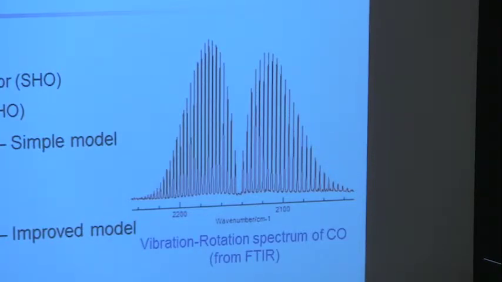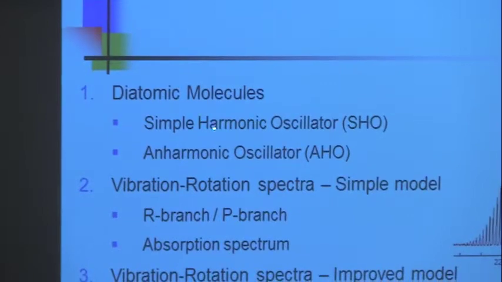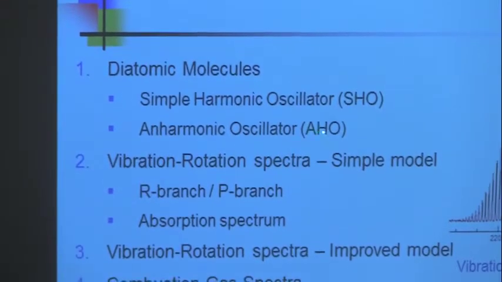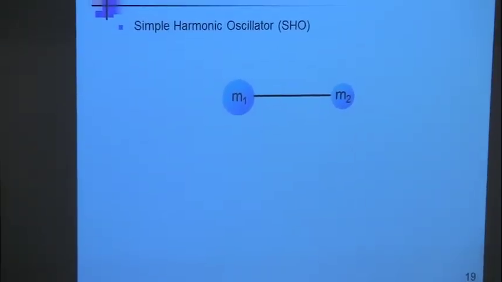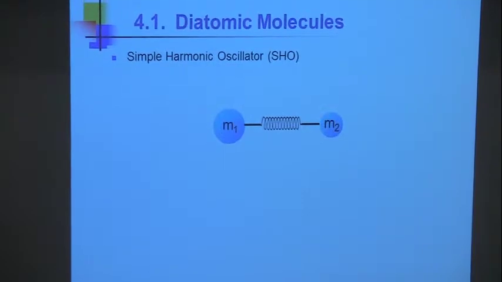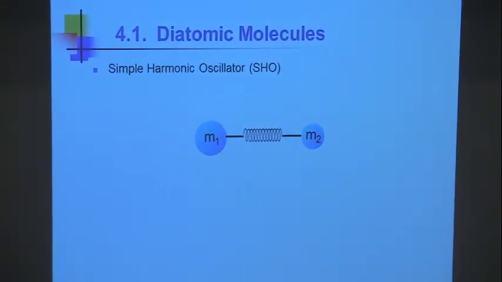So we're going to extend our rotation now to include vibration. We'll enter at the simple harmonic oscillator level, advance to the anharmonic oscillator level, and combine vibration and rotation. So we'll go back to our mechanical model, the simple harmonic oscillator. Now we're going to allow it to be oscillating on a frictionless plane. This is an ideal system.